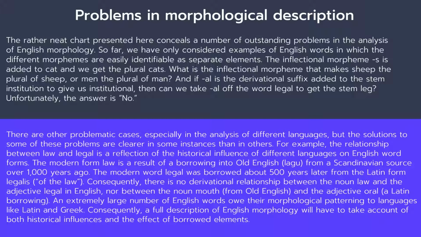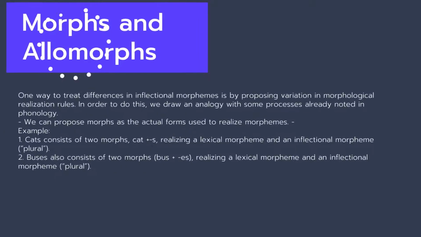An extremely large number of English words owe their morphological patterning to languages like Latin and Greek. Consequently, a full description of English morphology will have to take account of both historical influence and the effect of borrowed elements.